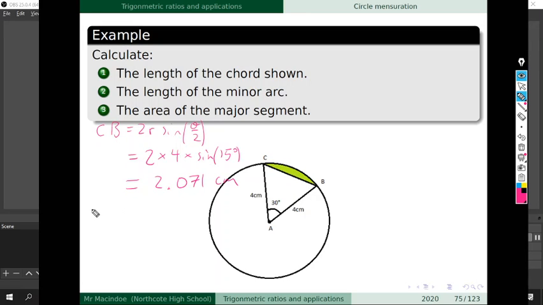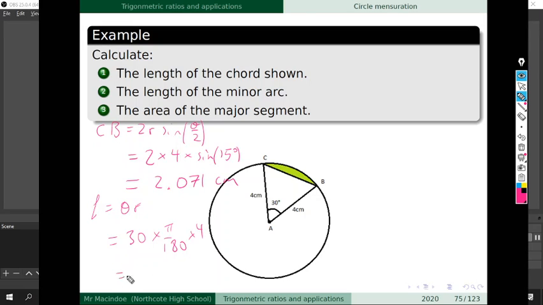Seeing as we're working in centimeters, not too bad. Length of the minor arc. The minor arc is from C to B around the edge of the circle, so we'll call it this curvy L. And I know that it is just theta times the radius, provided I'm working in radians.